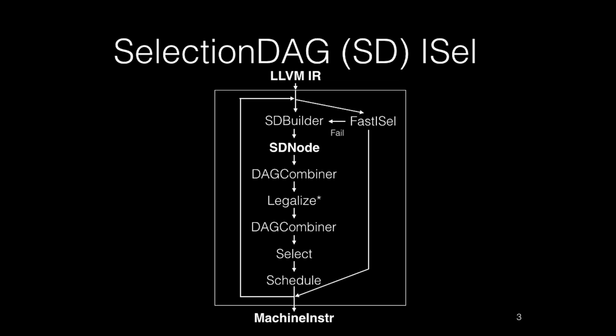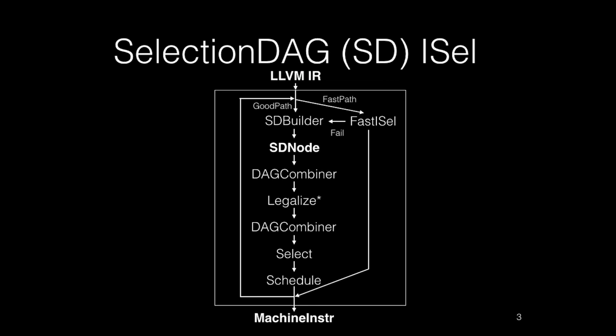So basically, we have two paths within one instruction selector framework. One path that is named the good path because it generates good code that has good runtime performance, and the fast path because the goal here is just to generate code as fast as possible, and we don't care that much about the runtime performance.